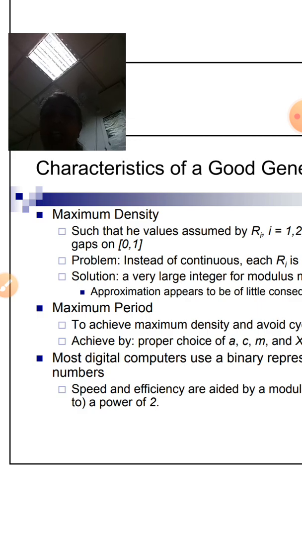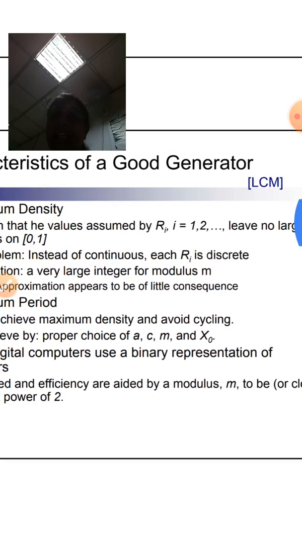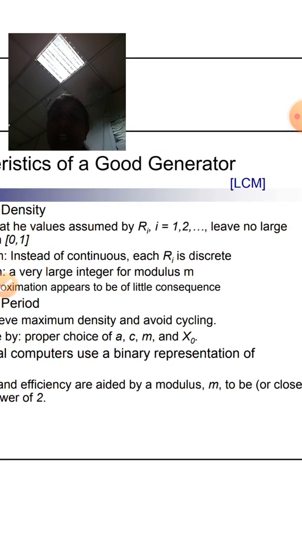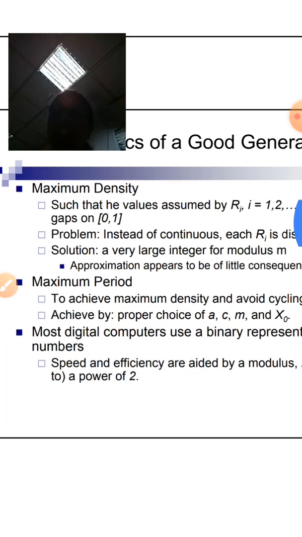Now if each Ri is discrete instead of continuous, what should we do? Here we had taken a continuous range, 0 to 1.